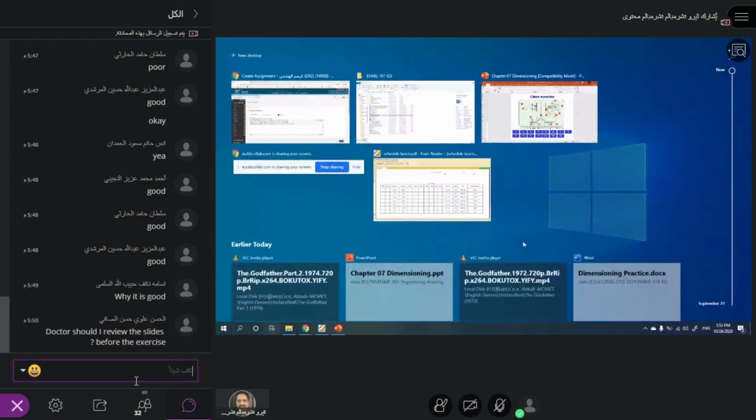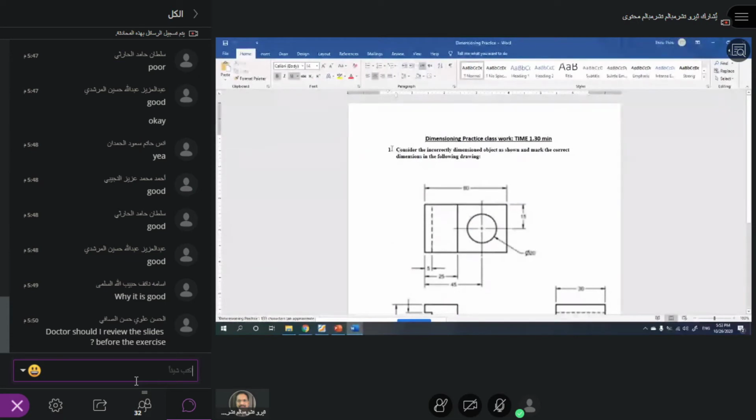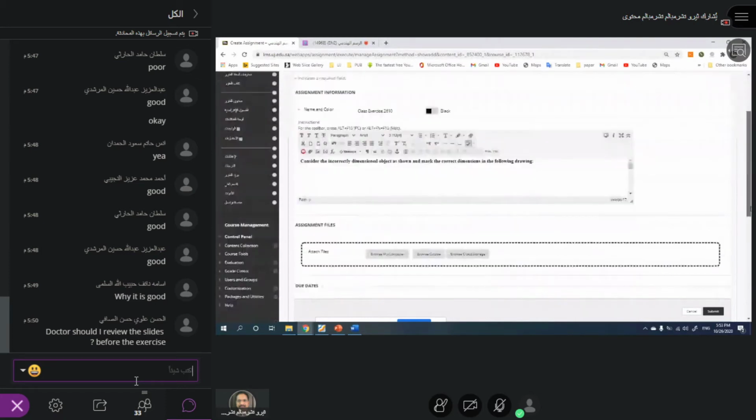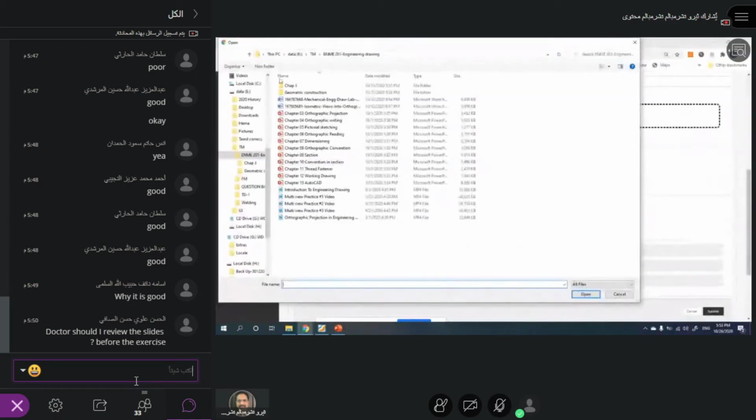Dimension practice. So consider the practical. I will put it here. Browse my computer. Then I will take this as your practice here.